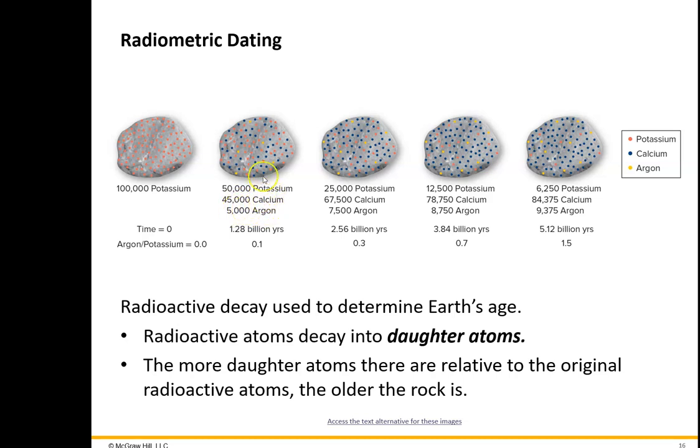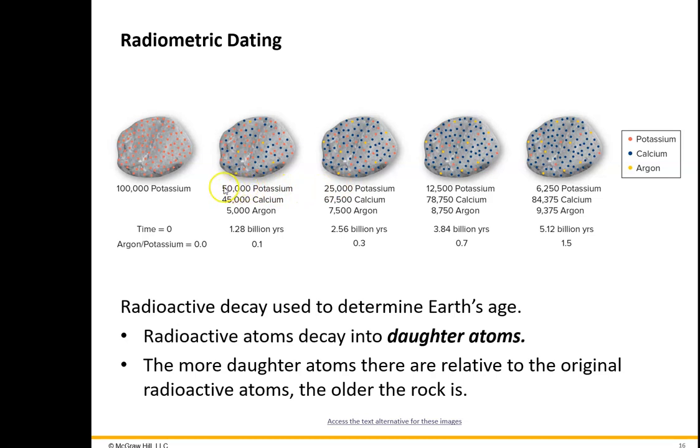Then another half life goes by. So now two half lives have gone by, and you've reduced the number of potassium atoms by half, and of course you've gained calcium and argon. Well, I'm sorry, not twice as many, because this is half life. So you get half of these, and then the same ratio of what was left.